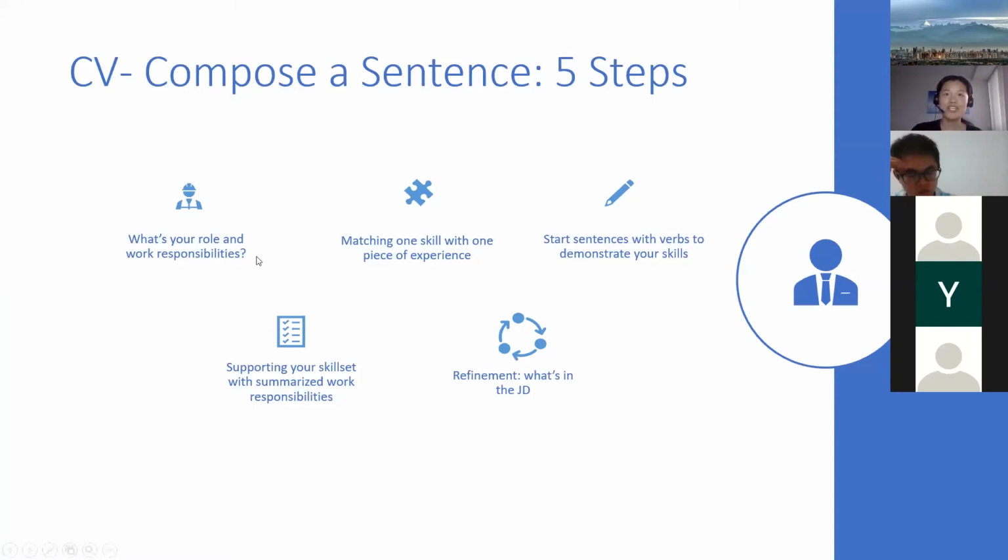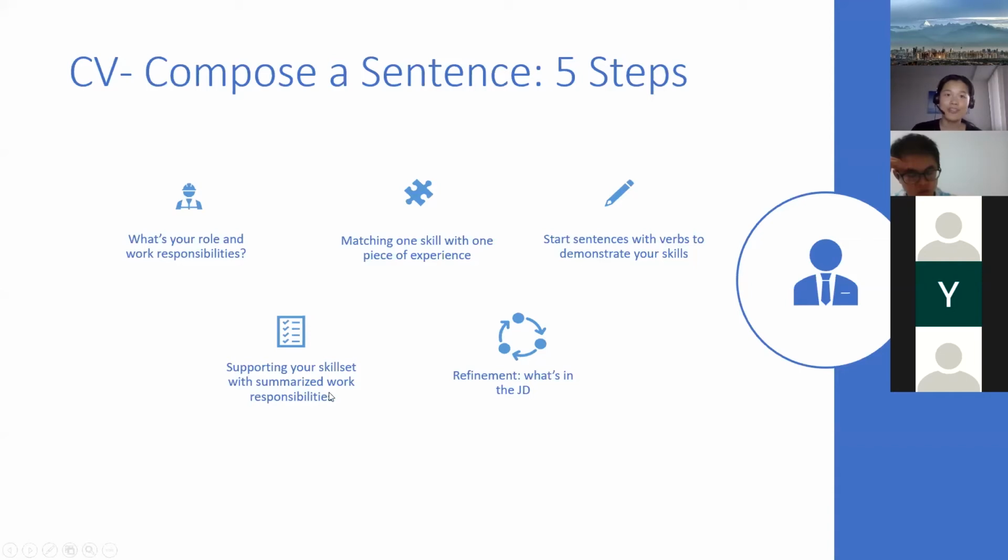Secondly, match one skill with one piece of experience. So you have separate experiences and each experience matches one skill. And then start to write the sentences with verbs that demonstrate your skills. Later on, I will have an example, so don't worry.